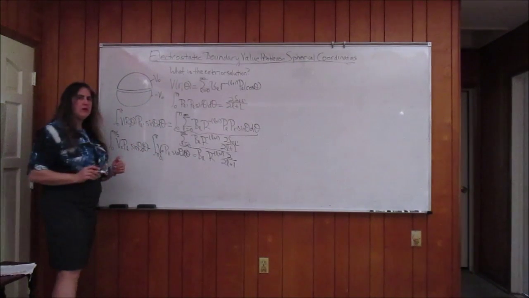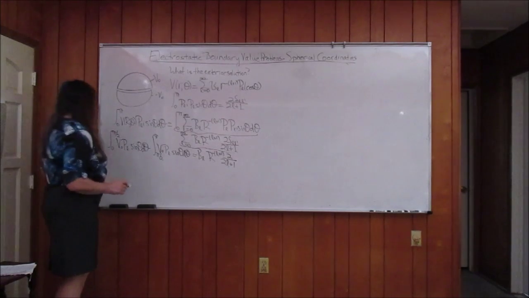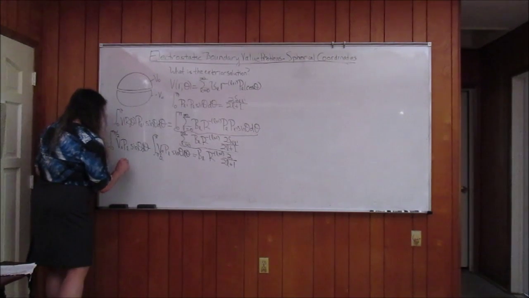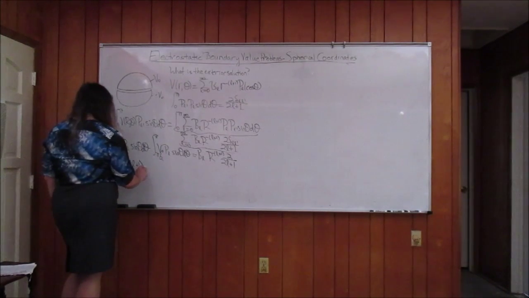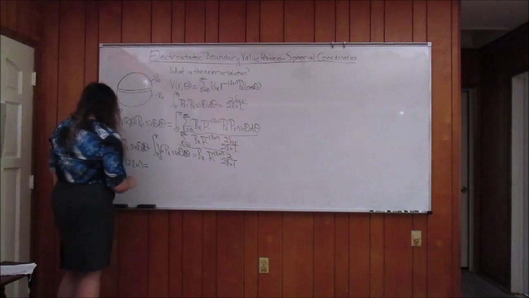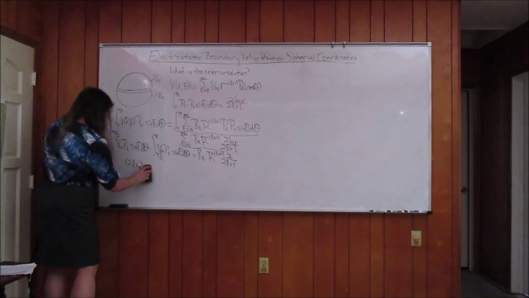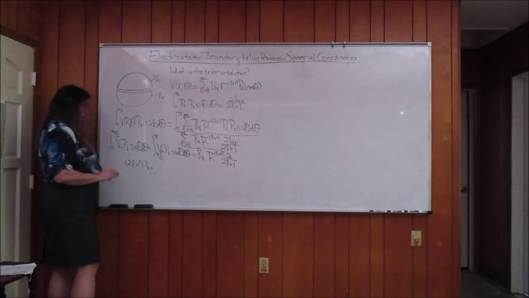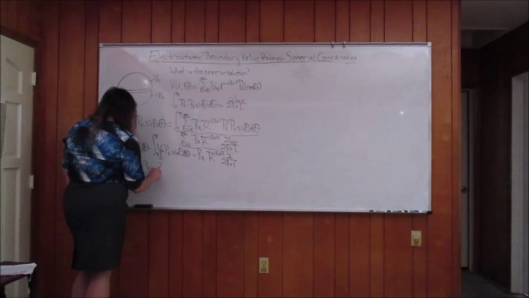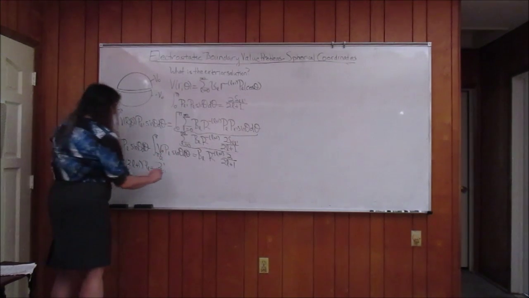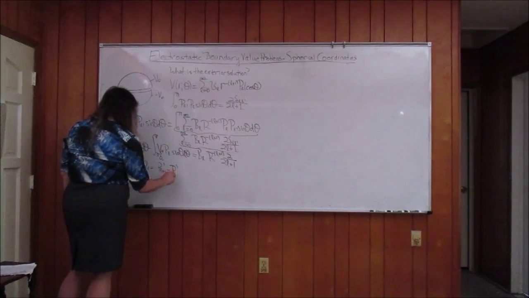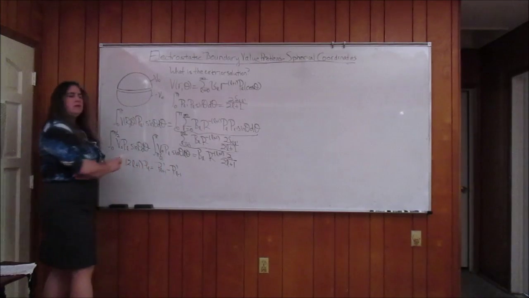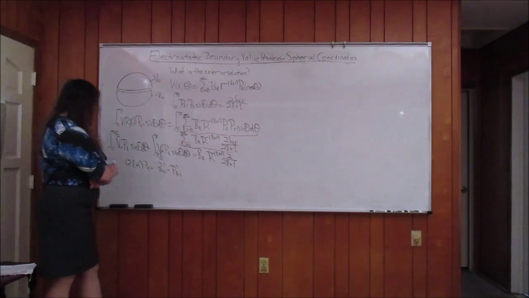We went over those in the first part of this lecture, and the one that's going to be very useful to us right now is that 2L plus 1 times P_L is equal to P_L plus 1 derivative minus P_L minus 1 derivative.